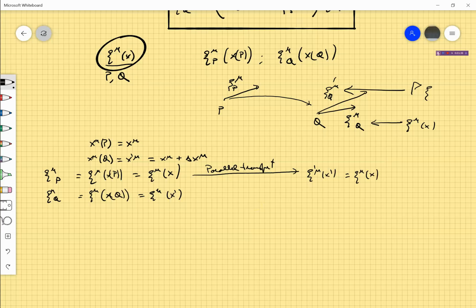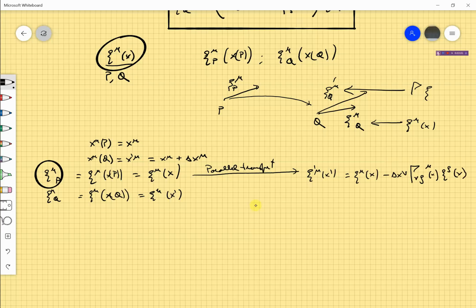Remember that this is just psi mu of p minus delta x nu gamma nu rho mu evaluated at psi rho of x.